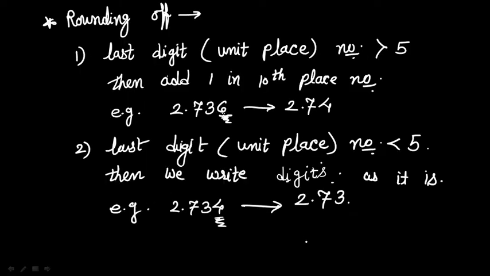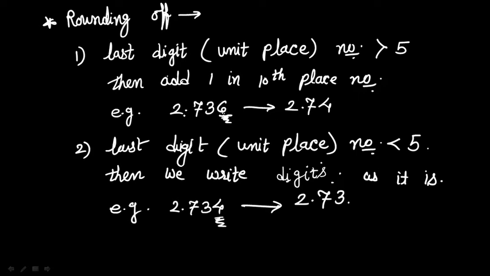Now, rounding off. We are already familiar with the two rules of rounding off. Here we introduce a third one. Before that, we recall the first and second one. If the last digit, that means the unit place number, is greater than 5, then we add 1 to the tens place number.